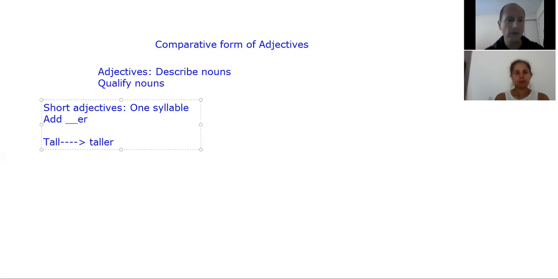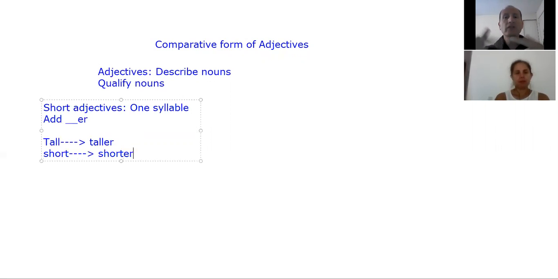It's very simple, right? So tall, taller. The opposite of tall is short, isn't it? So what will be the comparative form of short? Shorter. All right, perfect.